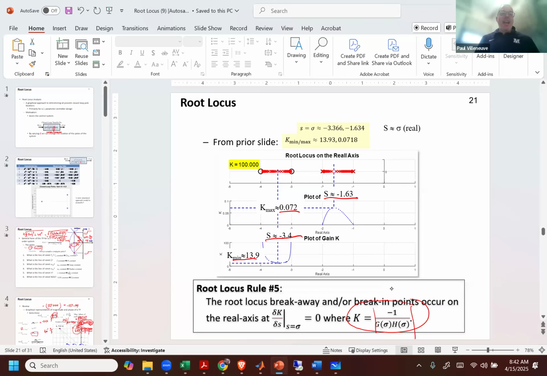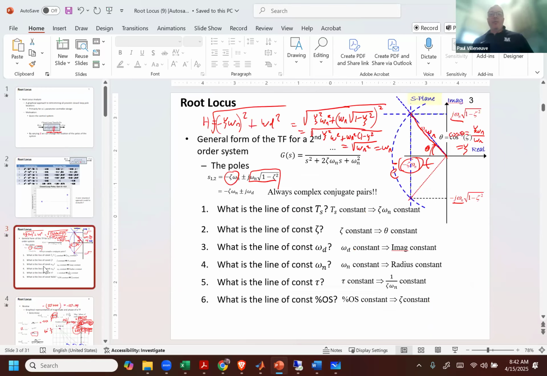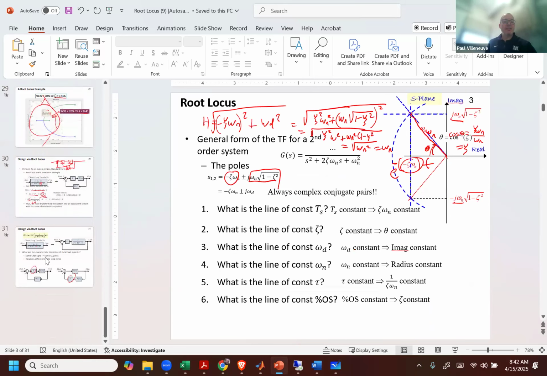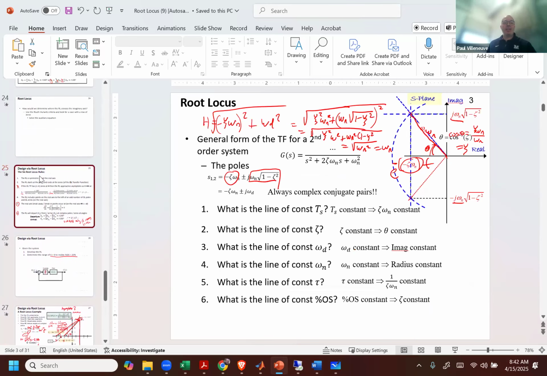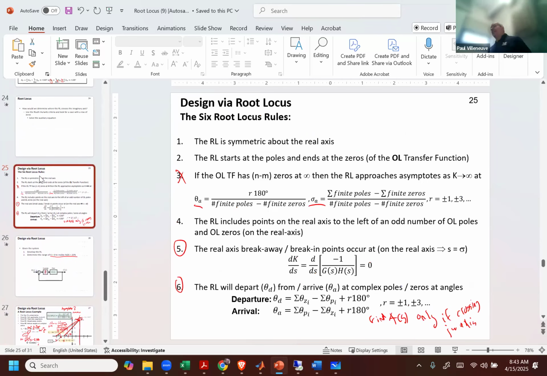Yeah. And I guess the only thing is, for root locus, I would probably, and again, this is totally up to you, but this slide right here has all the rules. Do you need to write them all down? I don't know if you need to write number 1, because that's just complex conjugates.